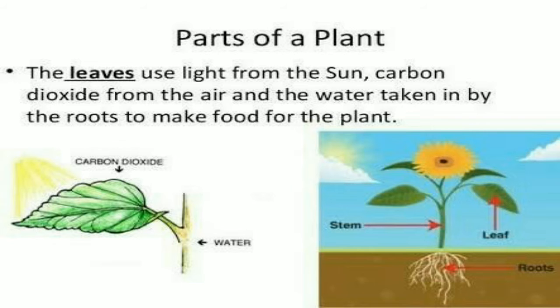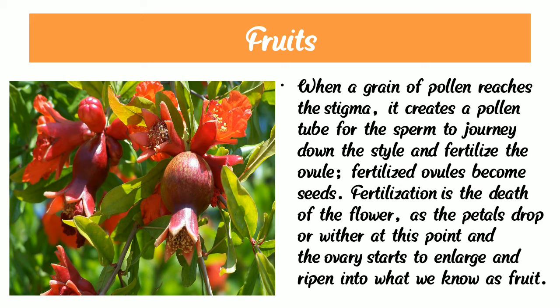Now we are going to learn our next slide, and it's fruits. How does a plant make fruit? Here we can see fruits. Flowers grow into fruit. When a grain of pollen reaches a stigma, it creates a pollen tube for a sperm to journey down the style and fertilize the ovule.